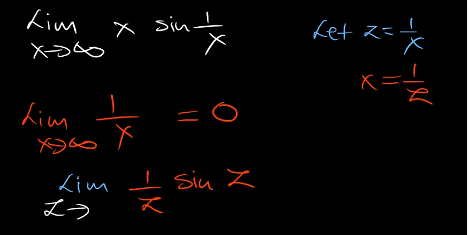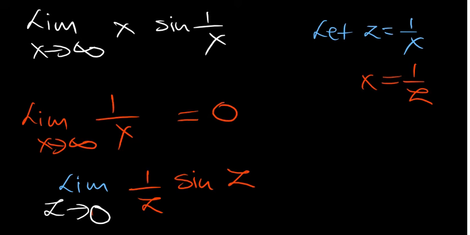So the only way it can match is z approaching 0. Because if you put a 0 where there is z, it's going to be infinity, which is actually the case for that. So z approaches 0 for it to match up with what we have.